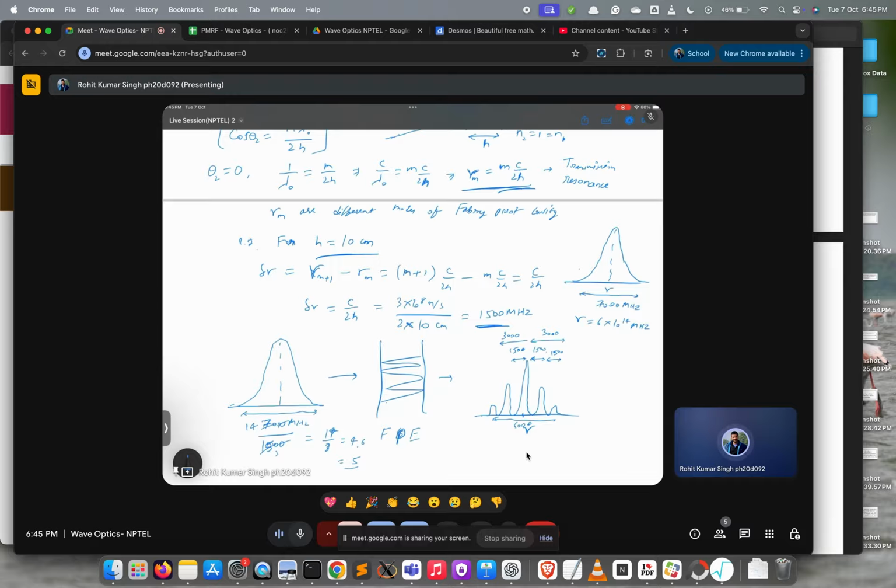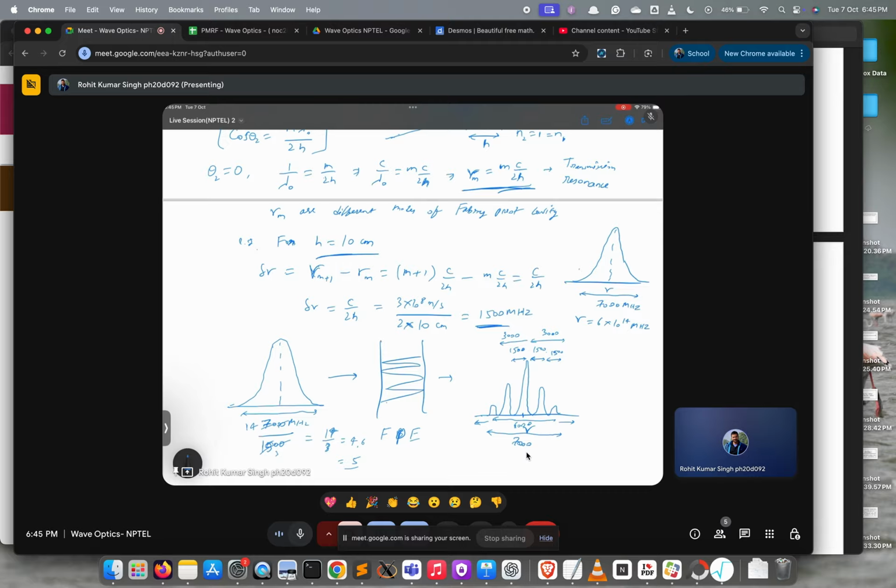Beyond that you don't have the incident waves, since you have incident up to 7000. So that's why you get only 5 peaks. You understand my point? Between the two modes you should have a gap of 1500 megahertz, and the total range of the frequencies is 7000 megahertz, so in total you will get only 5 peaks.